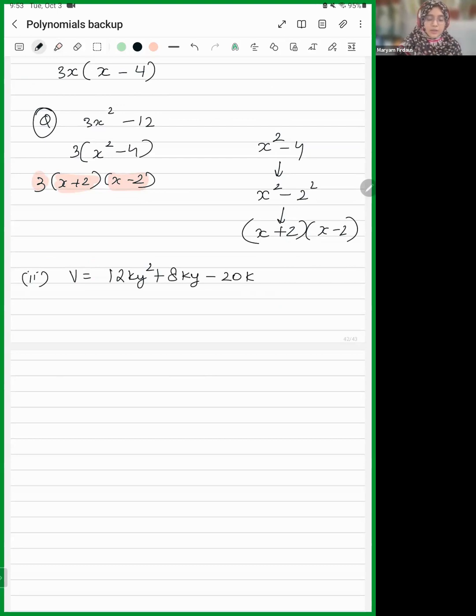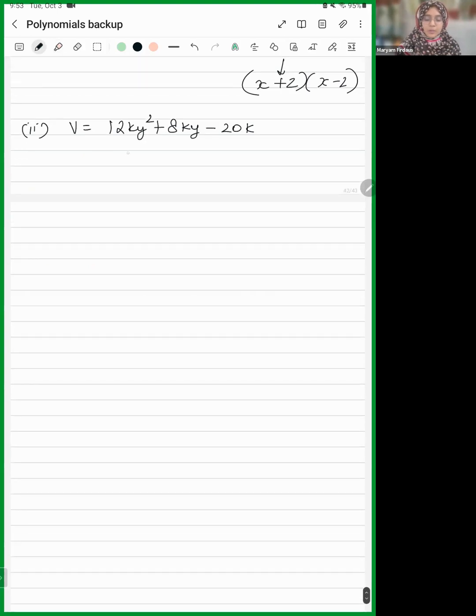So here you just have to take, what can you take as common? 2, 4, 4. Okay. Apart from that, can we take k also as common? Yeah, so we can take 4k as common. Then this becomes 3y square plus 2y minus 5.